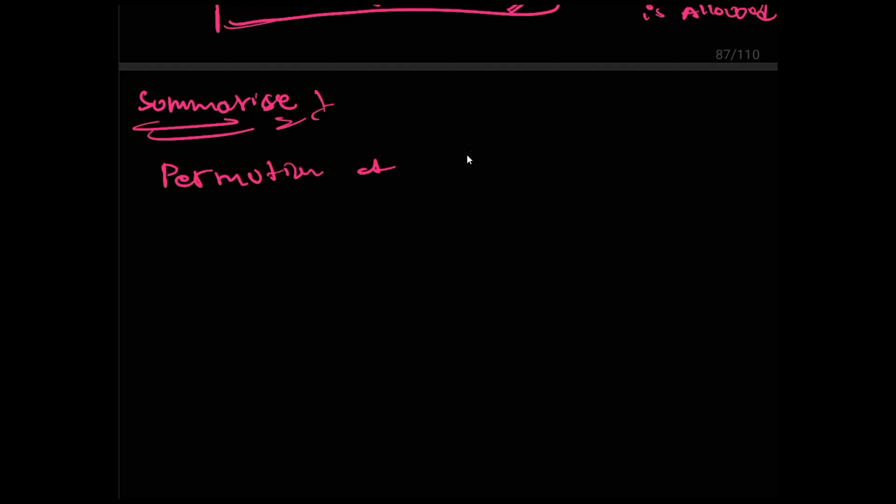Therefore, let us summarize. Permutation of r different objects from n different objects.